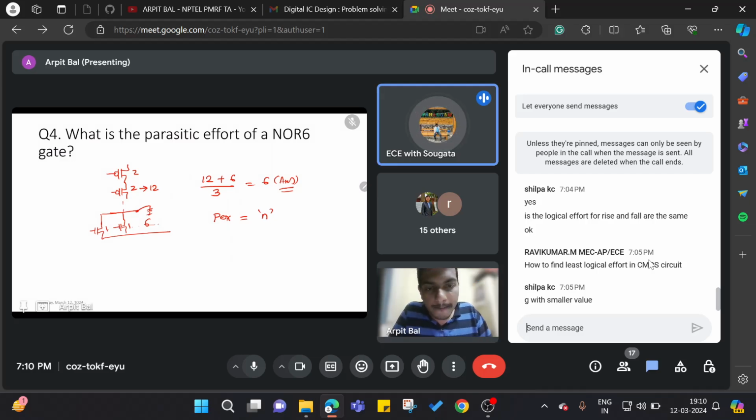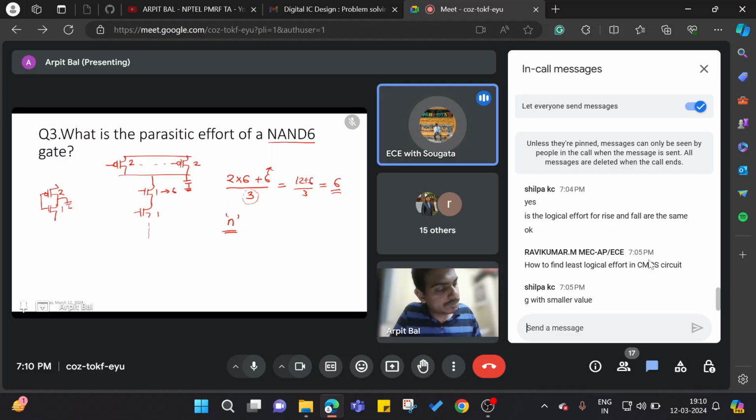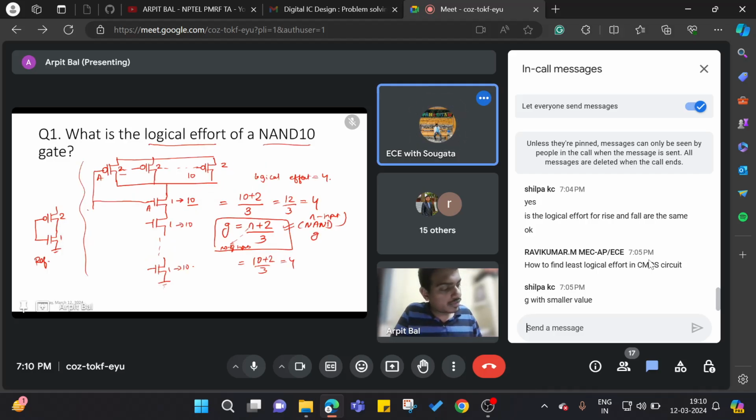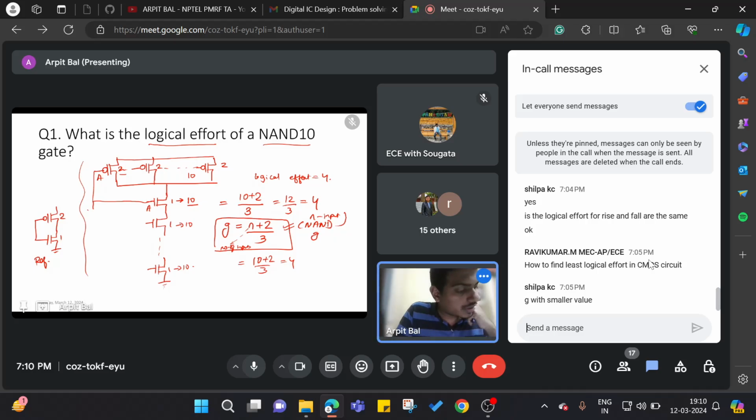Sir, in the last question, if you want to find out the electrical effort, then for the first question, H is 2 into 10C plus 10C, that means 30C on CL, the load capacitance. So if no load is given, you are assuming that the drain capacitance is the load capacitance?